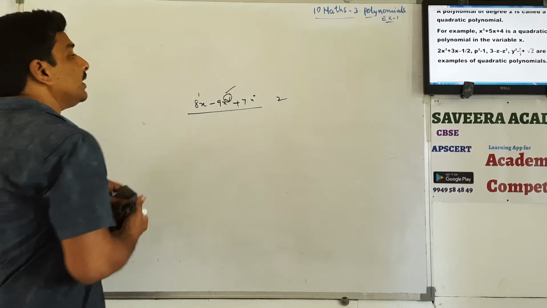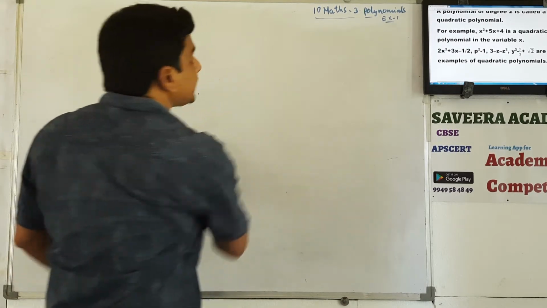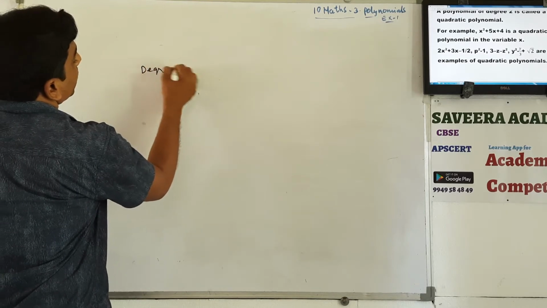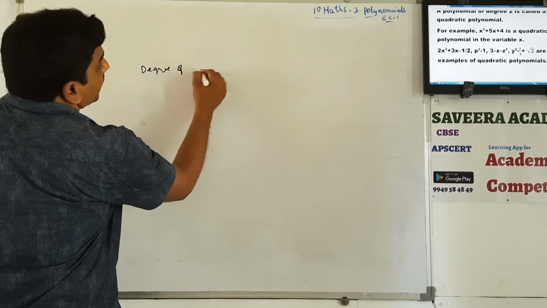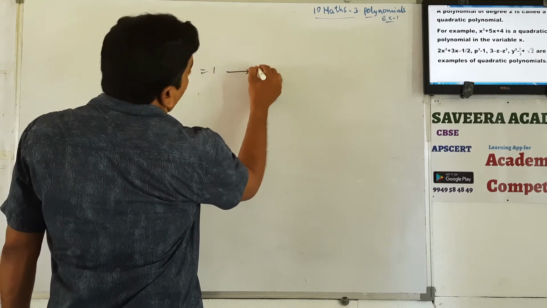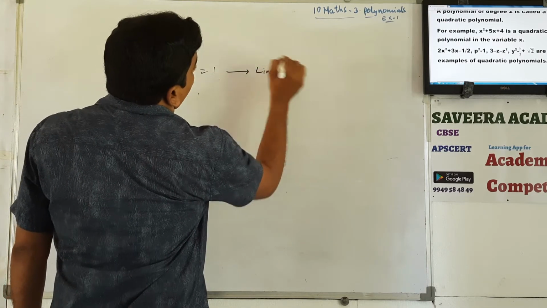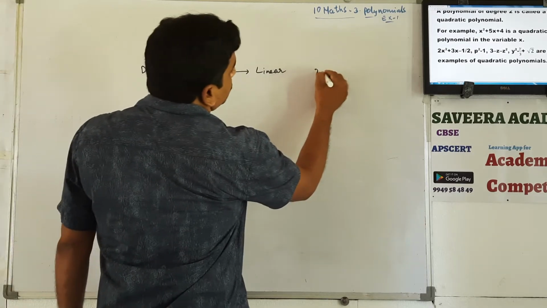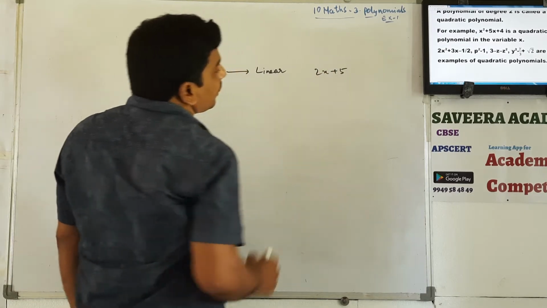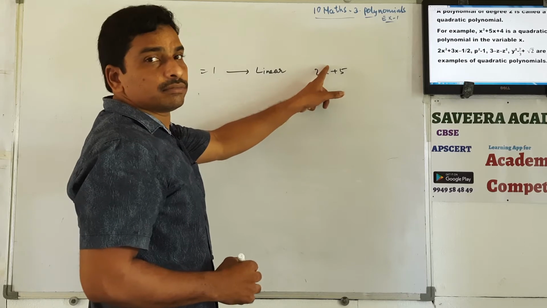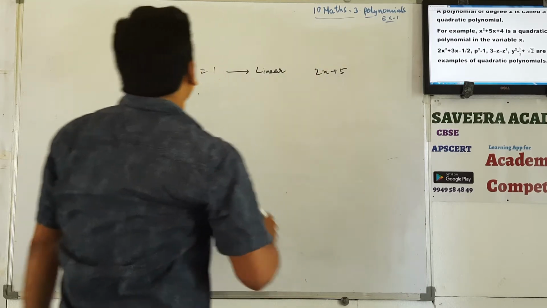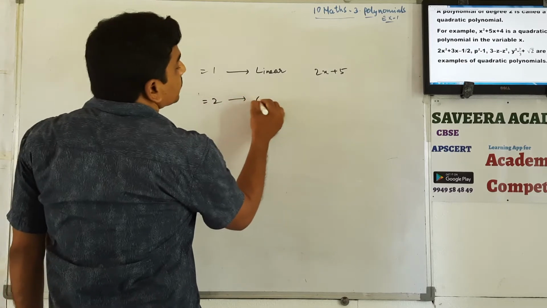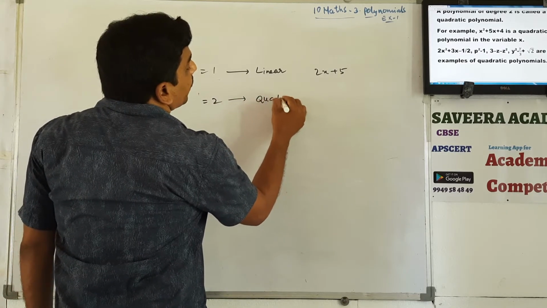And one more thing, if the degree of a polynomial is equal to 1, then that polynomial is called a linear polynomial. Suppose 2x plus 5. What is the degree? 1. Next, if the degree of a polynomial is 2, then that is called a quadratic polynomial.